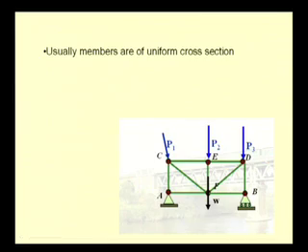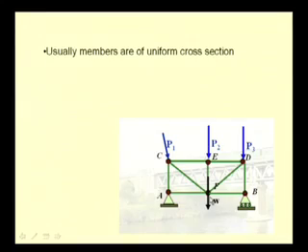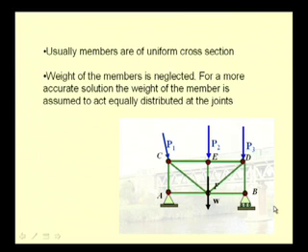Usually the members are designed with uniform cross section because it is possible to manufacture a bar stock of a uniform cross section and cut them to the required length to construct the entire truss.